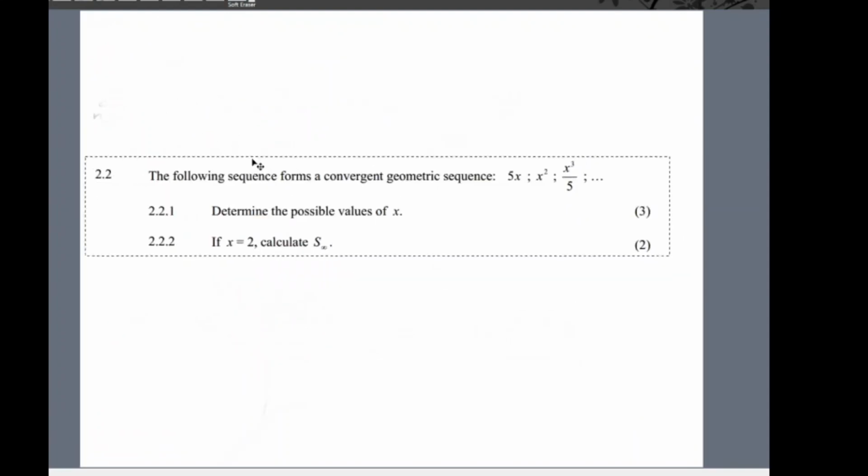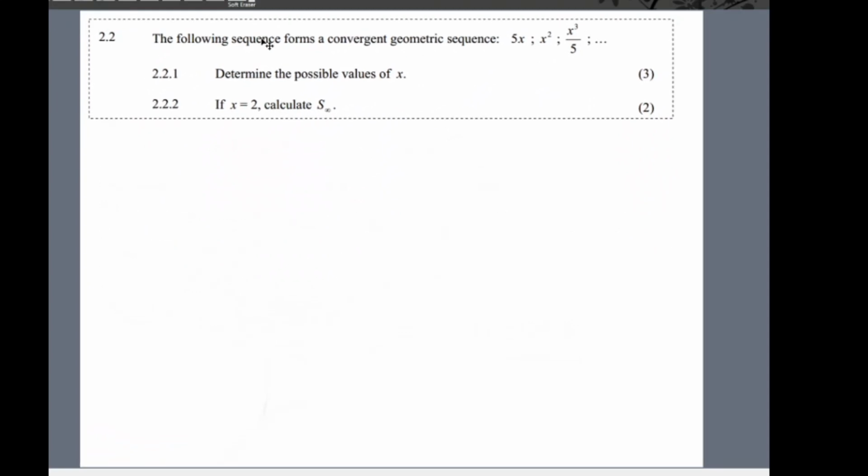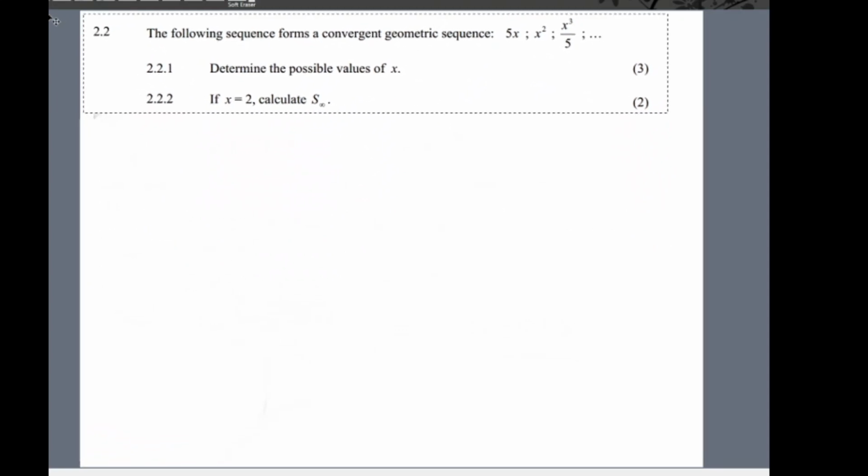They tell us that we have a geometric series, and that geometric series is convergent. If a geometric series is convergent, it means the common ratio is between minus 1 and 1.